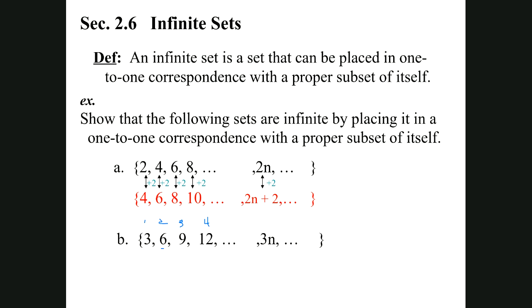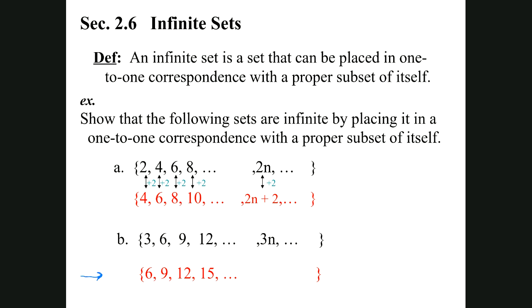Okay, so now to show that this set is infinite, and I tell you in the directions, we place it in a one-to-one correspondence with a proper subset of itself. So I take out the first term, and I start with 6. Now this set right here has fewer elements in it because I took out the 3.